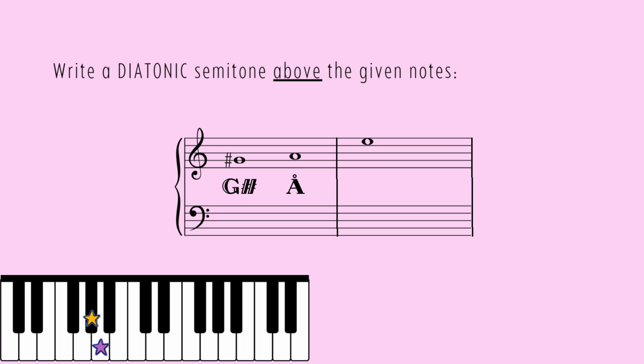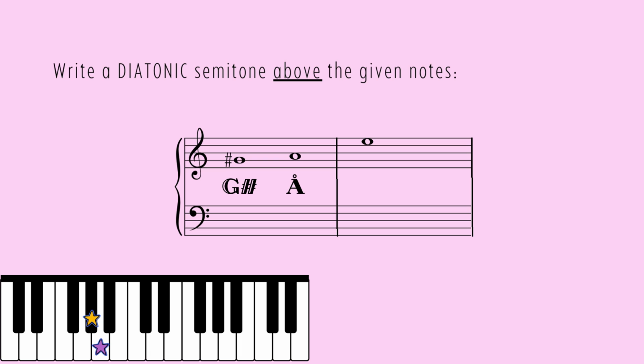So when you are working with semitones, you would never be skipping from, for example, G to B. It's always going to either be G to A or G to F. It's always going to be a neighboring letter name if you're working with semitones. So in this case, because we are writing the semitone above G, we're looking for the letter name that comes after G in the musical alphabet. And we know that after G, we restart the alphabet. So it is A.